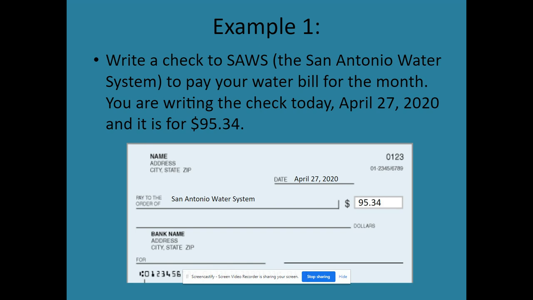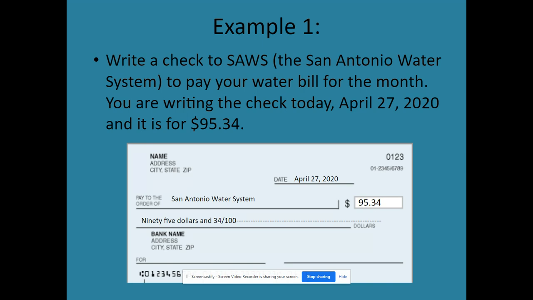The number for the amount that you're giving them, which is $95.34, and then the words, $95.34 over 100, and then you draw a line through to the end so that people cannot come in and write in extra numbers.